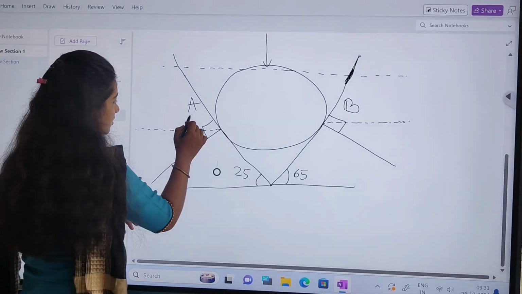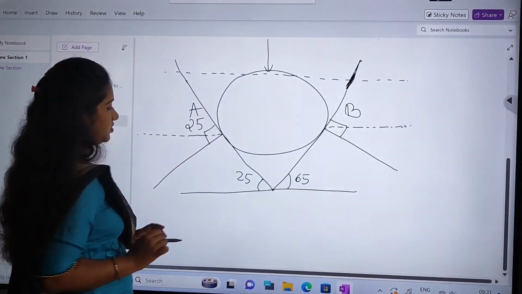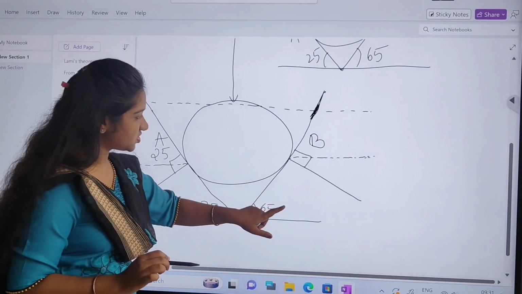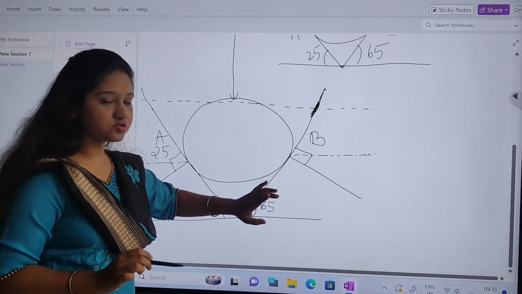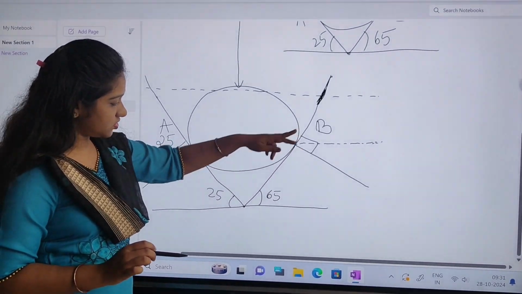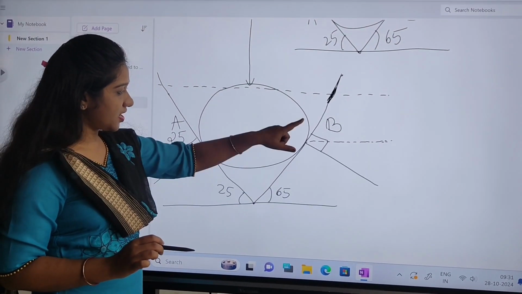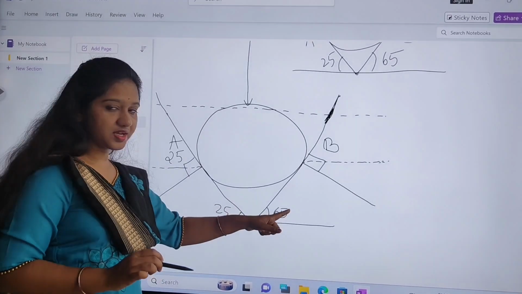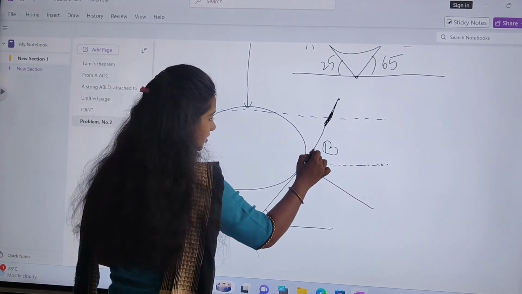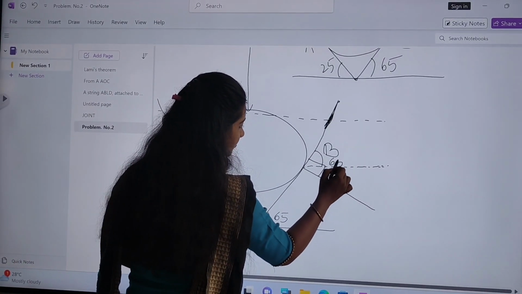We write down here, this one is also 25. Here, this one is 65. This one and this one are parallel lines, and this one is an inclined line, so there is a corresponding angle. So this angle is 65. We write down this angle also 65.